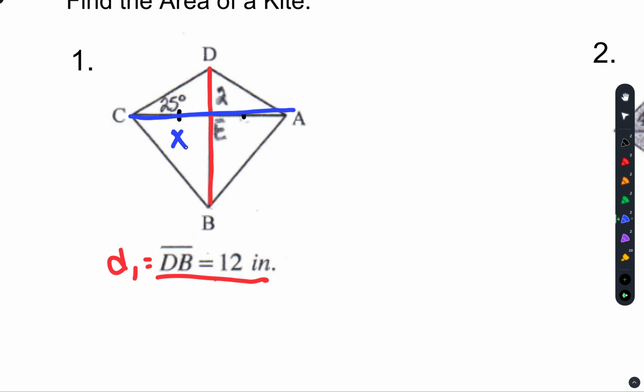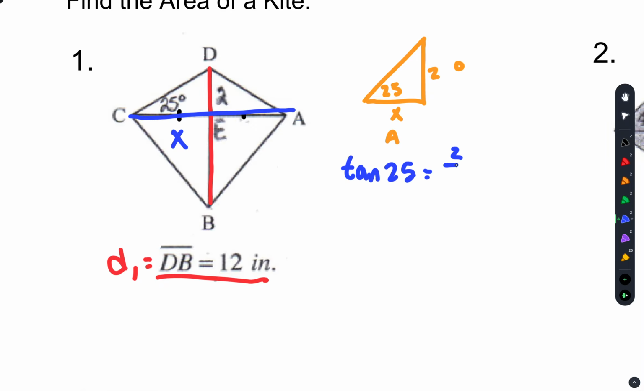Any ideas? When we can't use special right triangles, Anna? Yeah, we're going to use tangent. So maybe we draw this triangle out to the side if it helps us. Oh, that was terrible. But I have something that looks like this, right? I have the opposite and the adjacent, which means I'm going to use tangent.